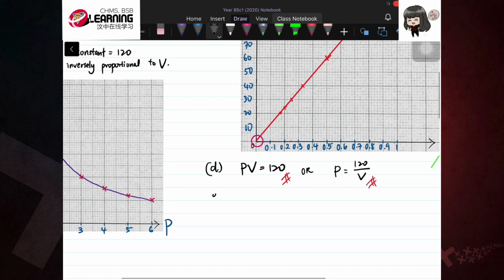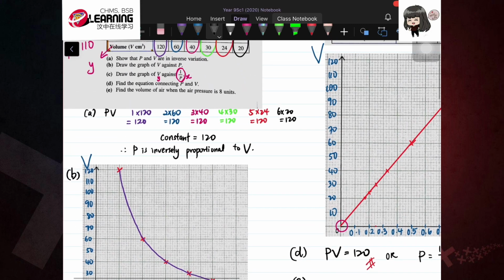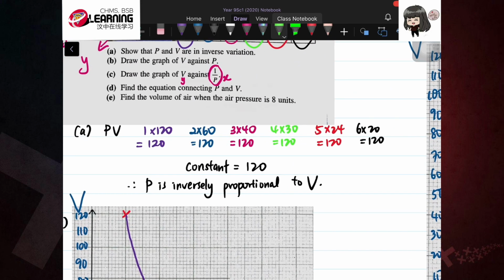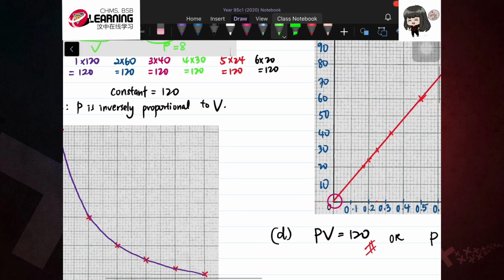Now part E. Find the volume of air when the air pressure is 8 units. Volume of air is V, pressure is P. So we are looking for V when P equals 8.